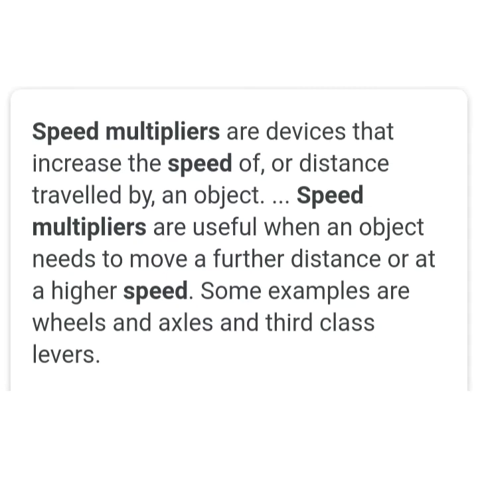Speed multipliers are devices that increase the speed of or distance traveled by an object. Speed multipliers are useful when an object needs to move a further distance or at a higher speed. Some examples are wheels and axles and third-class levers.